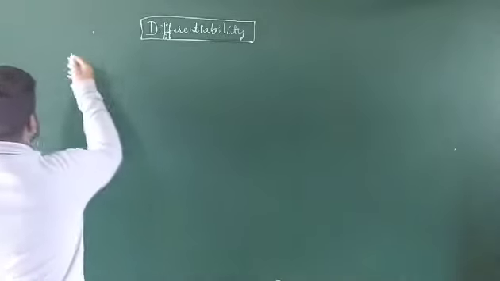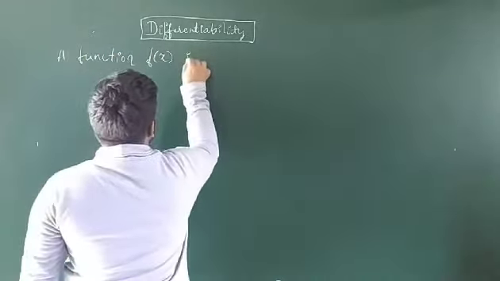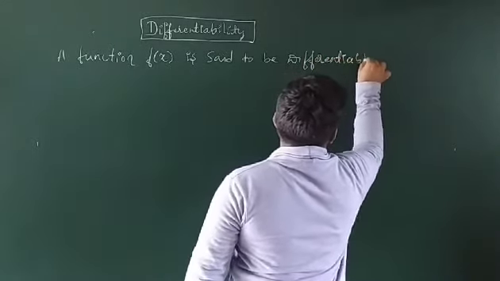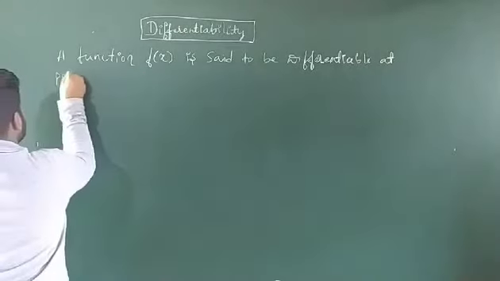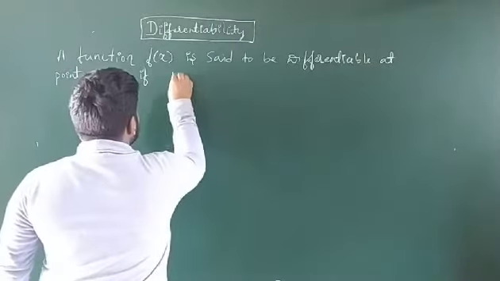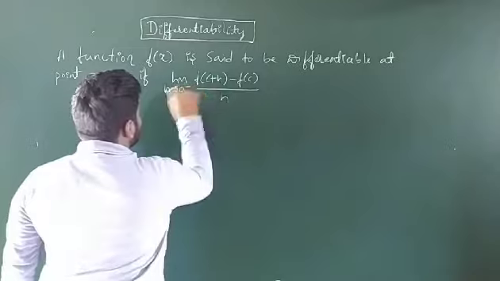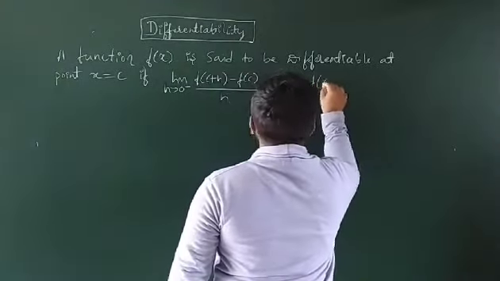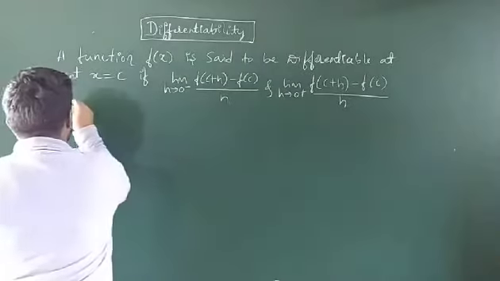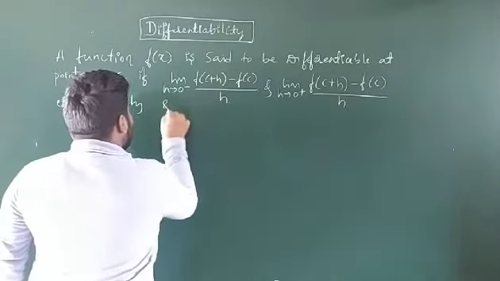A function f of x is said to be differentiable at point x equal to c, if limit f of c plus h minus f of c divided by h as h is tending to 0 minus, and limit f of c plus h minus f of c divided by h tending to 0 plus, both the limits exist finitely and are equal.